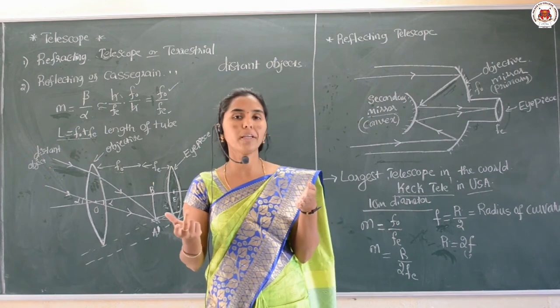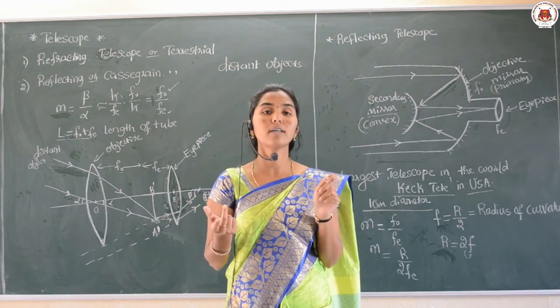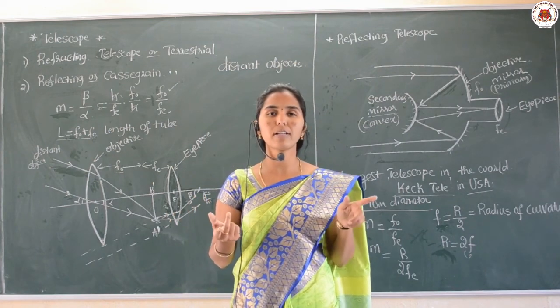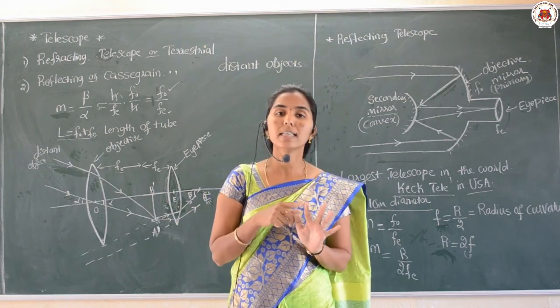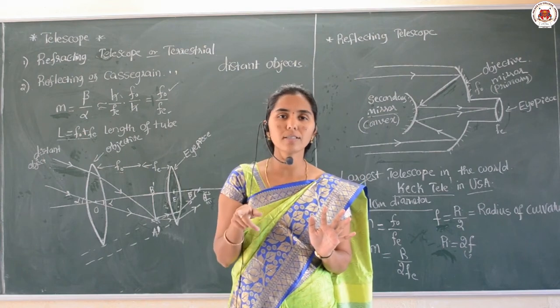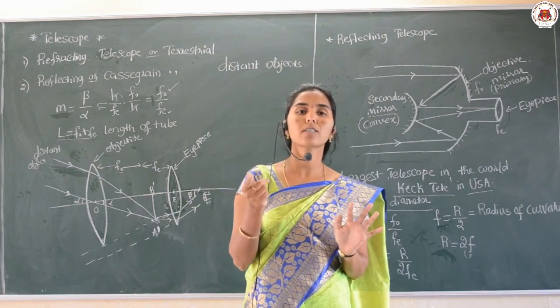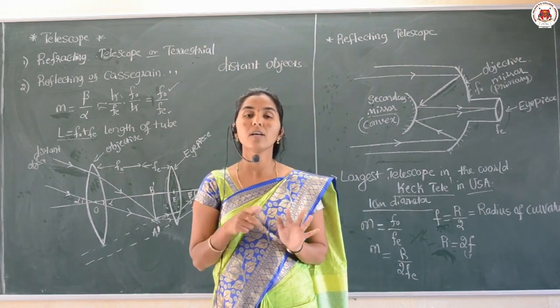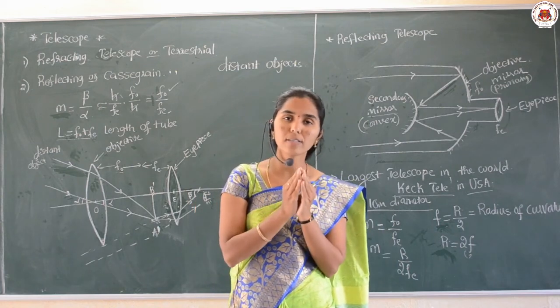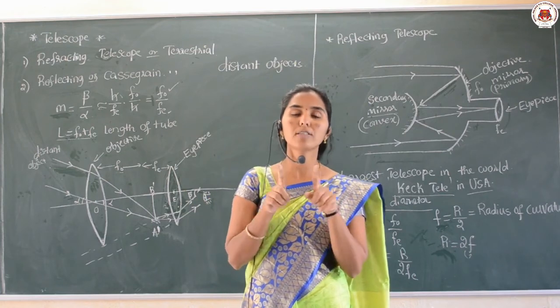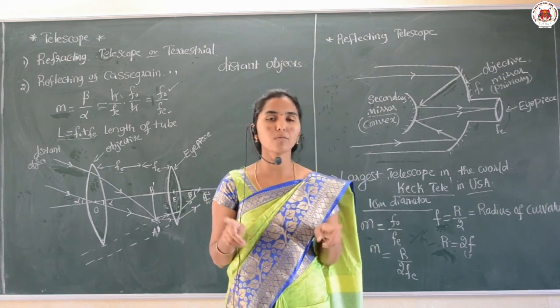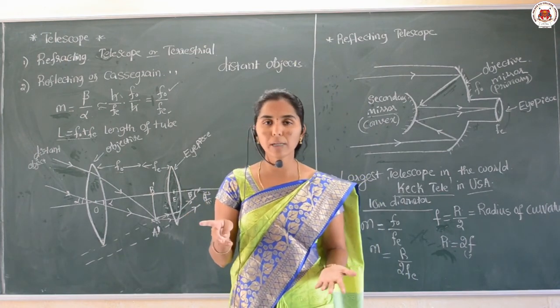Then we moved to refraction through a single spherical surface, the important derivation for 5 marks. Then lenses, the types of lenses, refraction through a single lens, then the combination of lenses, and then refraction through the prism, how dispersion of light takes place through that, and rainbow formation.